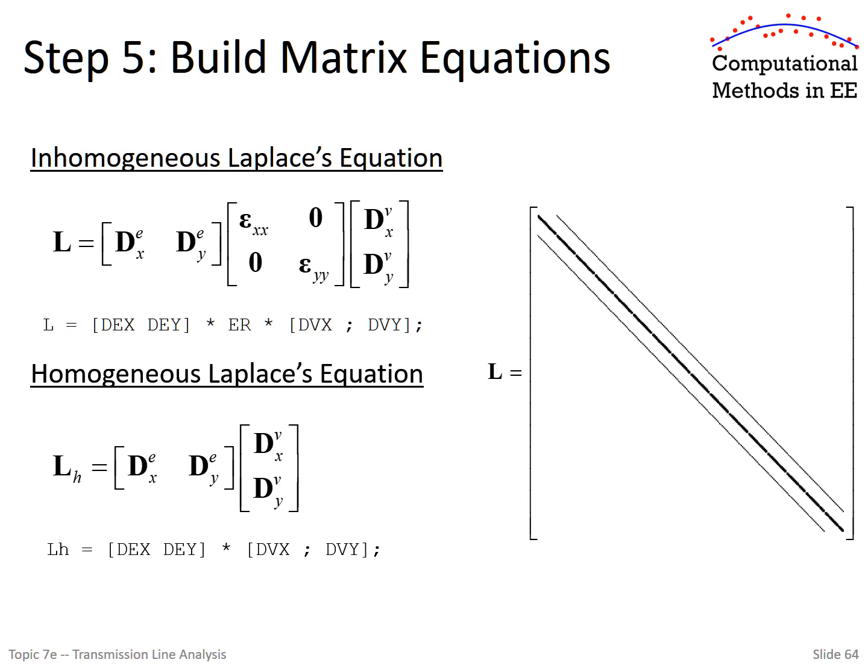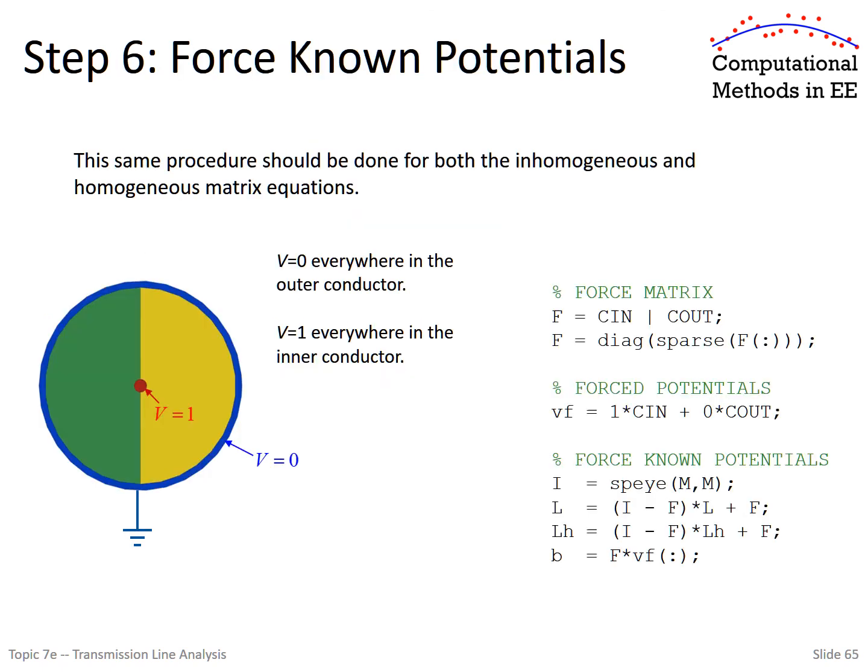Okay, so we've built L. Now we need to build in the voltages that we're forcing on our metals. So given these 2 arrays containing our 2 conductors, I'm calling it conductor inner and conductor outer. When we did the microstrip, we had signal and ground. So I just named them something slightly different, but I can still OR them together and get an array that's just a map of where the metals are, then make that a diagonal matrix. Also from these 2 arrays, I can create my force potential function.